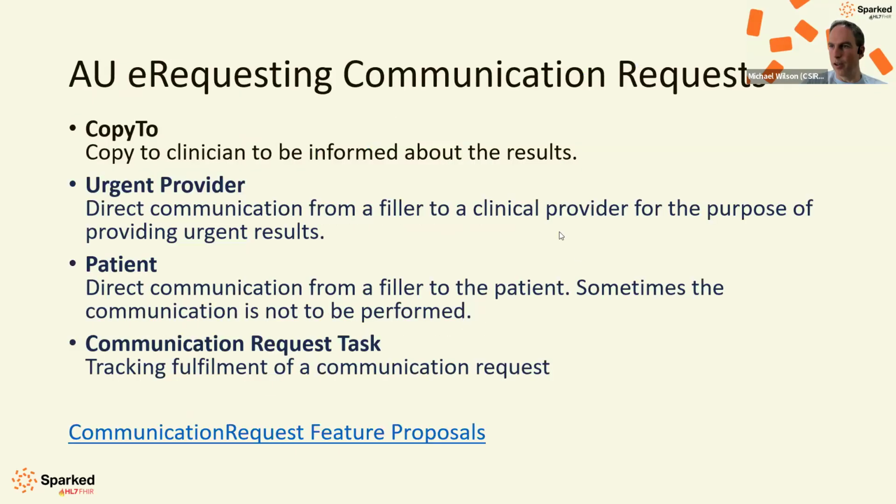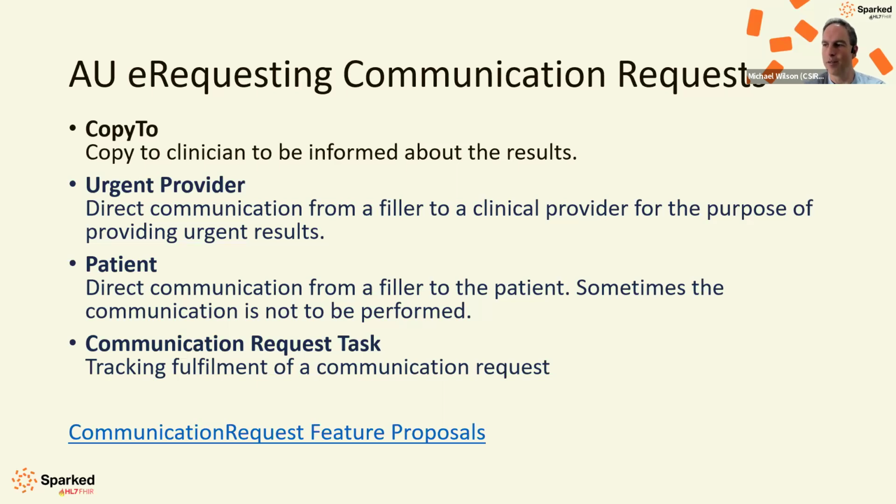All right. So we've got a proposal. Steph's put a link in the chat, but this is around the different types of communication requests we've got in the proposal. So copy 2, the clinician to be informed about the results. Urgent provider, which is direct communication from a filler to a clinical provider for the purpose of providing urgent results.